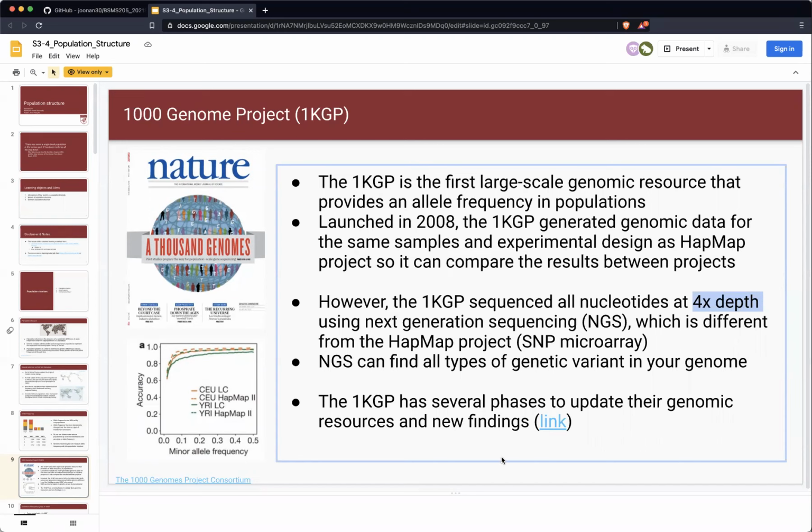Okay, and like the HapMap project, the 1000 Genome Project has several phases to update their genomic resources, right? They're not just looking at one time, they're looking at the first phase, second phase, and third phase, then they update their research and also discuss their findings with other peers in the scientific community, right?